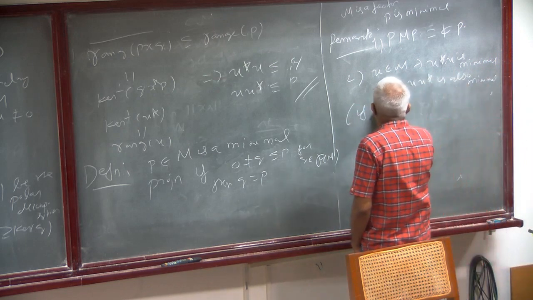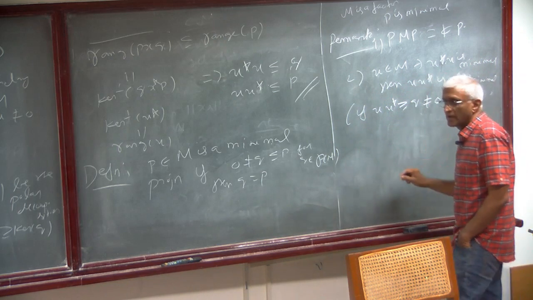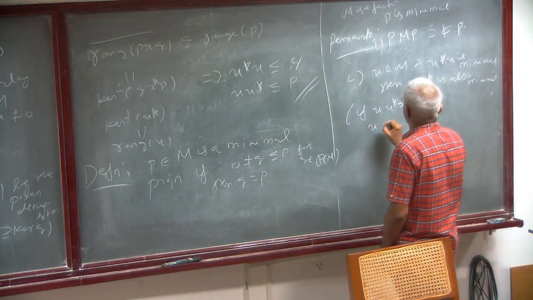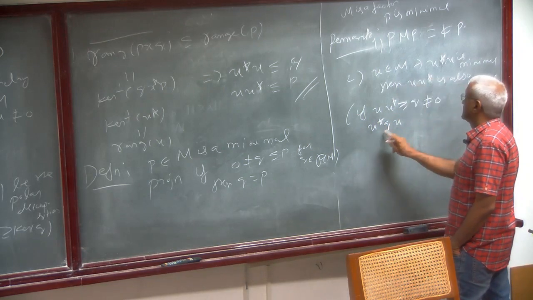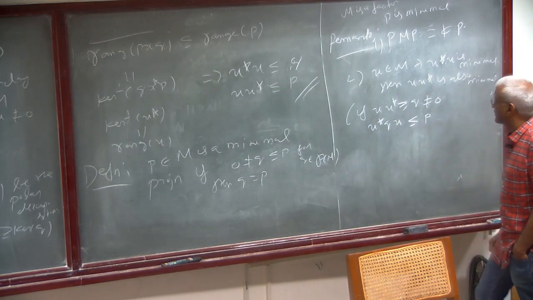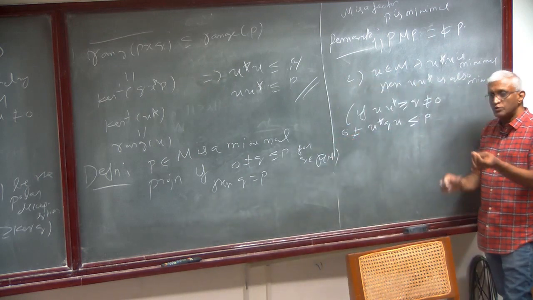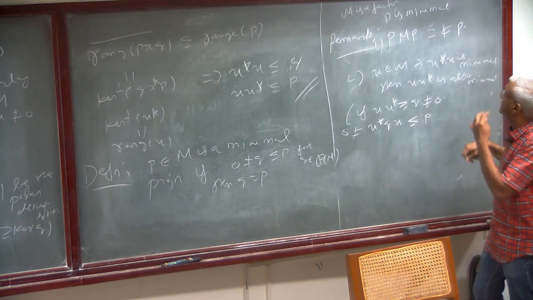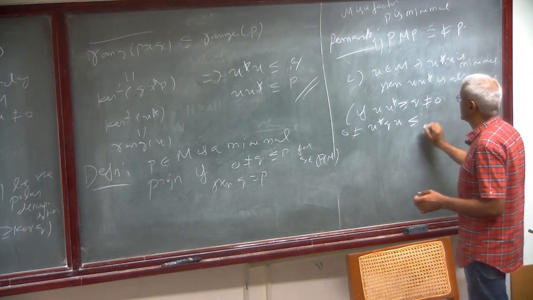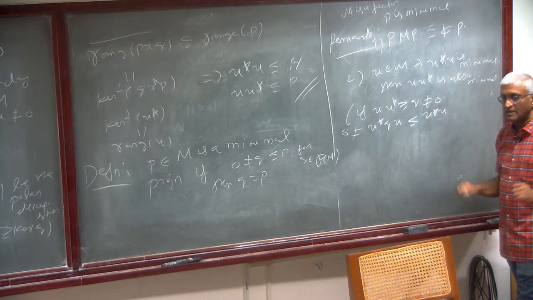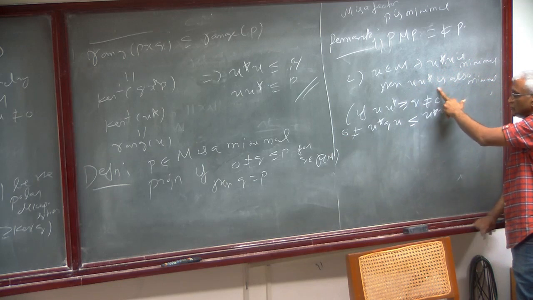So if U U star contains some Q not equal to 0, then U star QU is a projection contained in U star U. I'm saying that if U is a partial isometry such that U star U is minimal, then I want to prove U U star is also minimal.